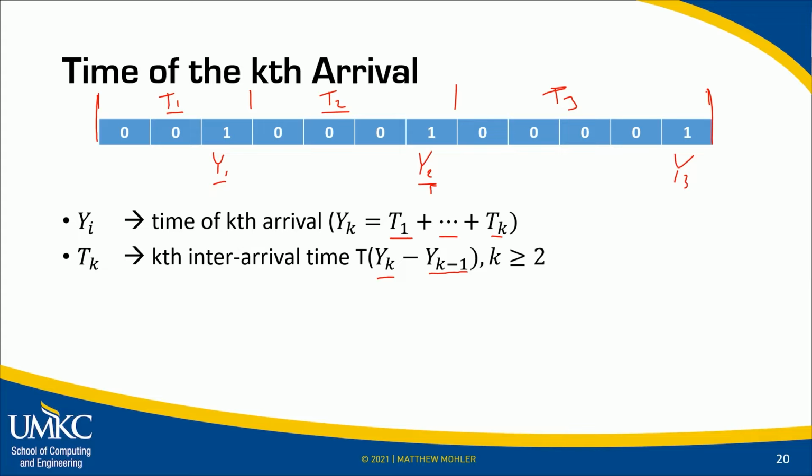What is this inter-arrival time? Well, that is t2. Now, this only applies when k is greater than or equal to 2, because I have to have had a previous arrival for this formula to work.